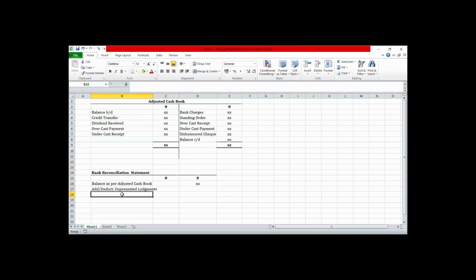Under here, we have unpresented checks. We have bank error.